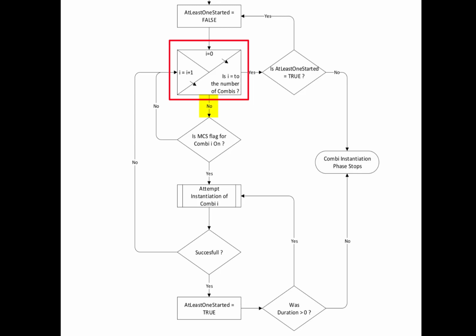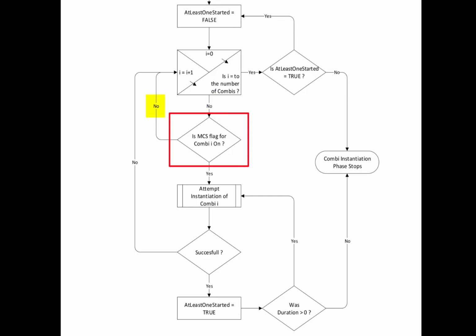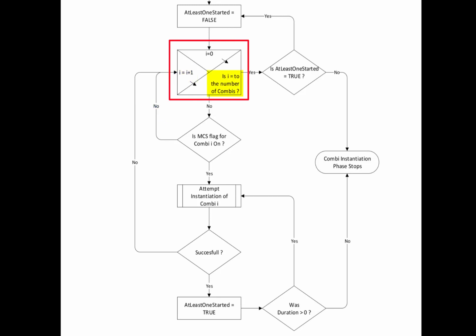If I is not equal to the number of combis, then Stroboscope checks to see if the maybe can start flag for Combi I is turned on. If it is not turned on, then Stroboscope increases I by 1 and again examines to see if I equals the number of combis.